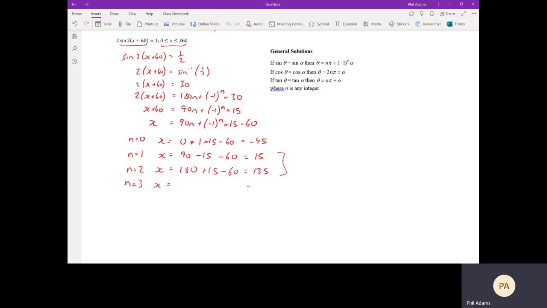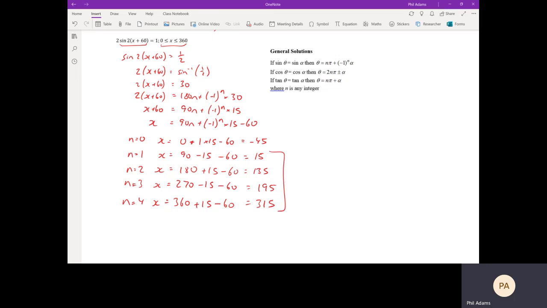So we know we should get 195 and 315, and we'll verify that. If n is 3, that's 270 minus 15 minus 60, which is 195. If n is 4, that's 360 plus 15 minus 60, which is 315. And there are our 4 answers right there.